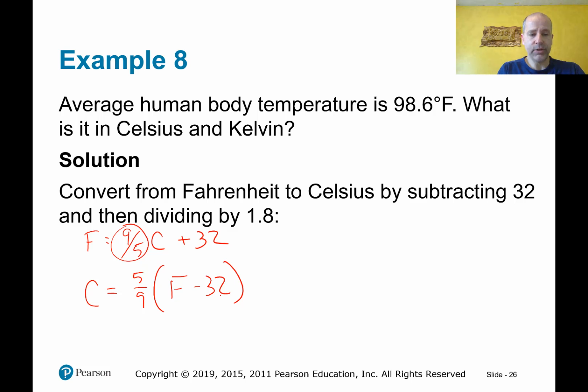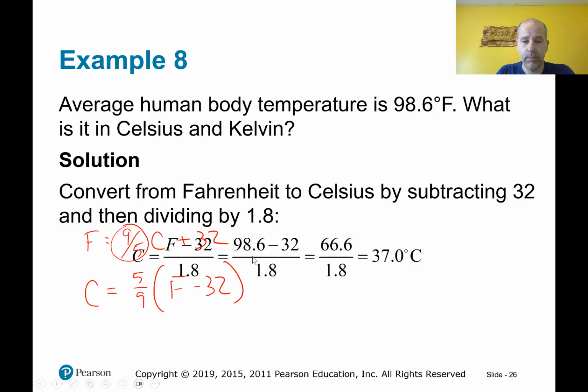And so we can use this formula and just plug in for Fahrenheit. And then once we get to Celsius, we can just use the 273.15 degrees. Again, they use the 1.8, but you're just going to subtract and then multiply by 5/9, and so we get 37.0 degrees Celsius.